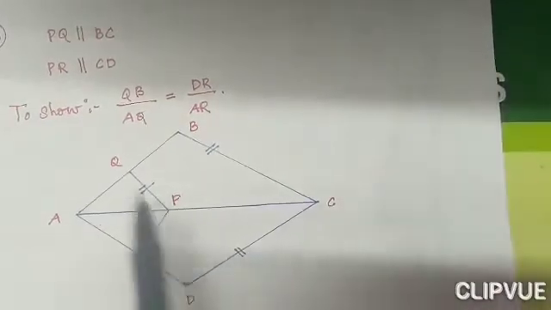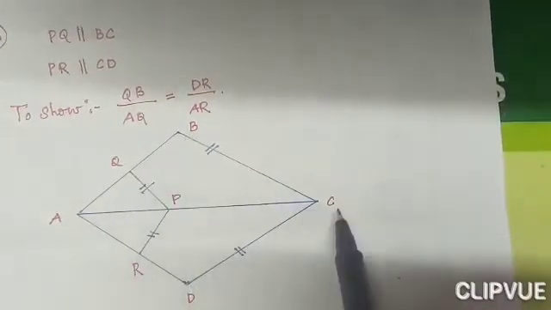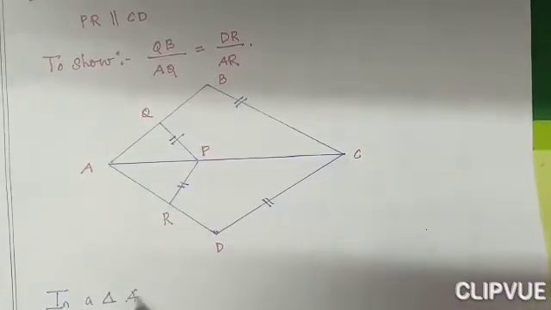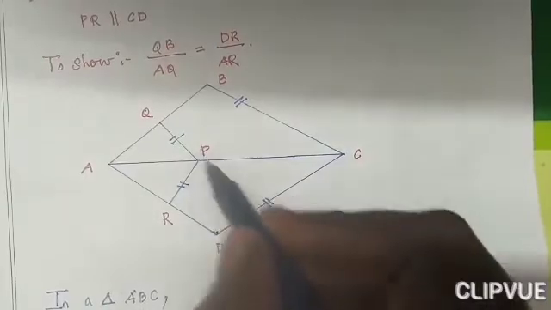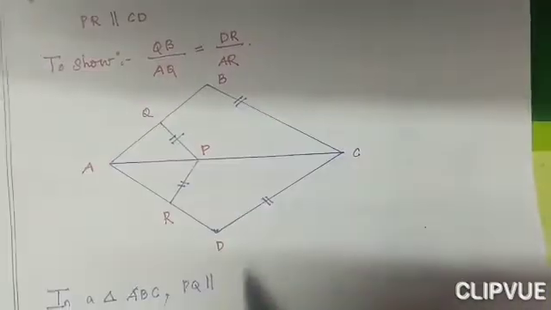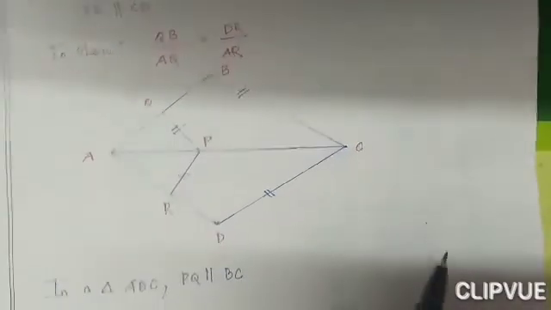So in triangle ABC, first I am going to take this. In triangle ABC, this PQ is parallel to BC.